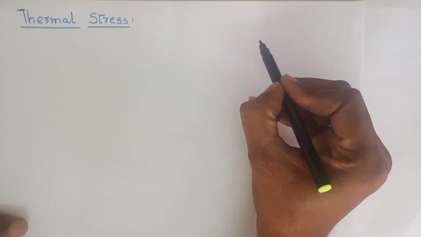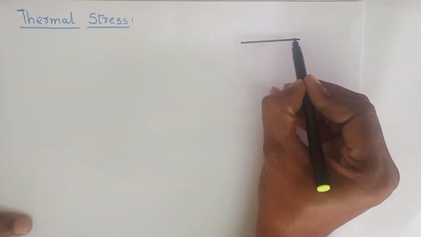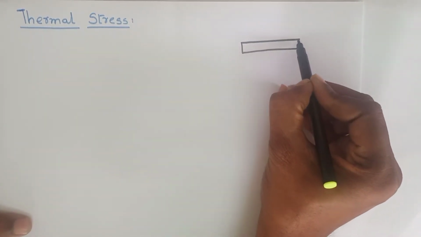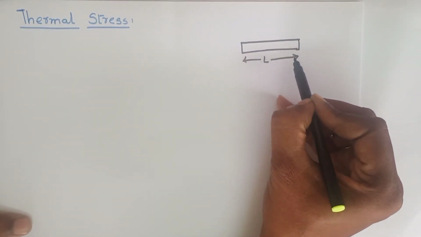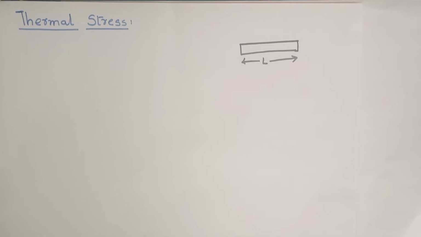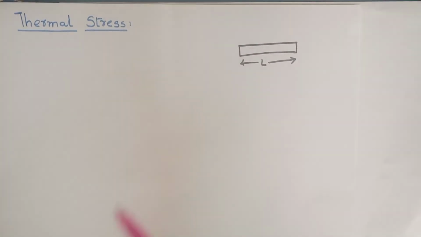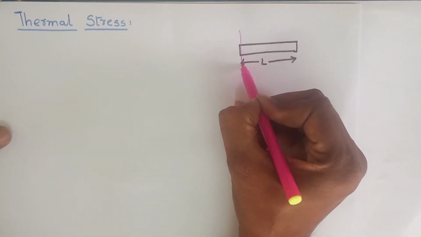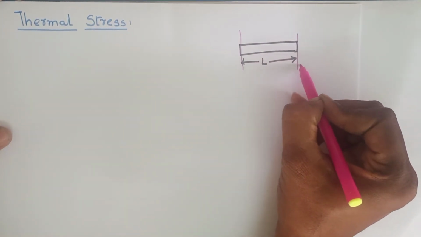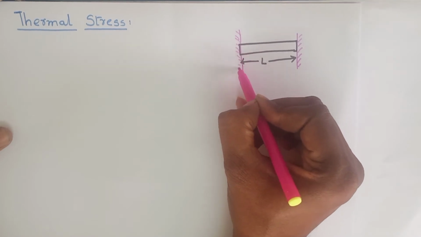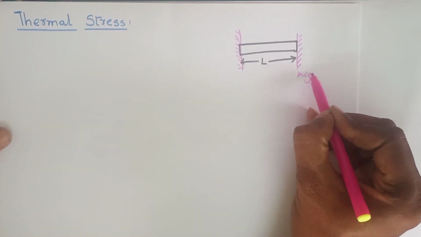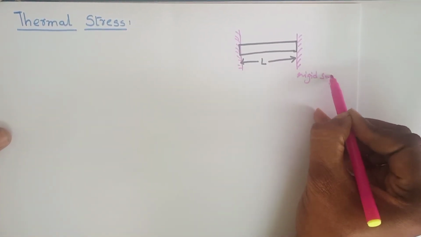Now how to write the expression for thermal stress. Let us consider a simple rod of length L. Think that this rod of length L is fixed between two rigid supports.